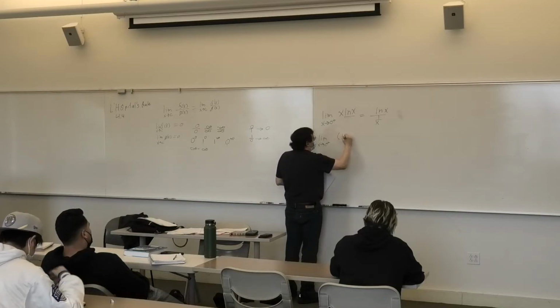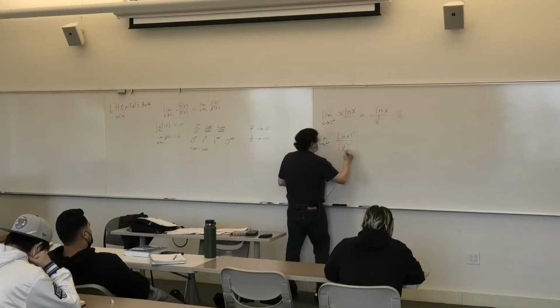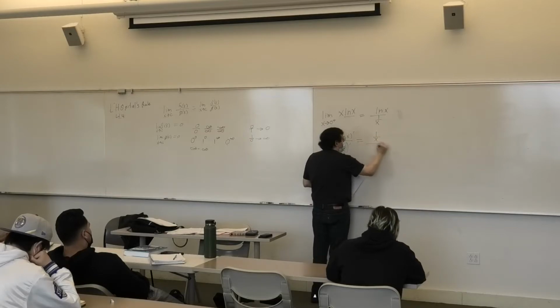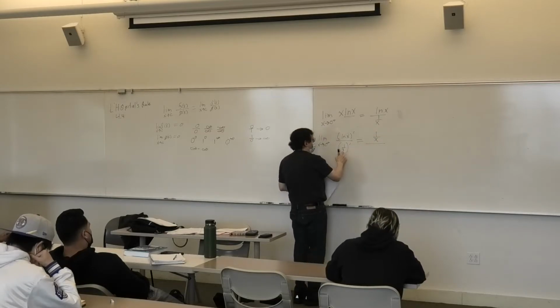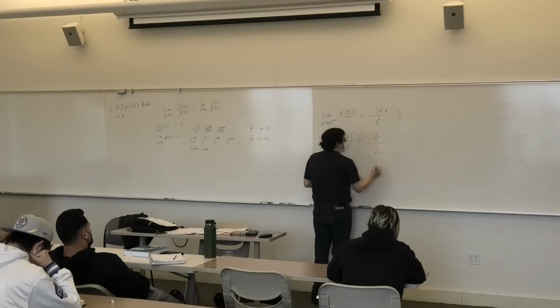So we can apply L'Hopital's rule. We have the derivative of the ln of x, which is 1 over x, over the derivative of 1 over x, which is x to the minus 1, or minus 1 over x squared.